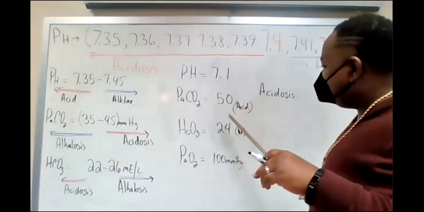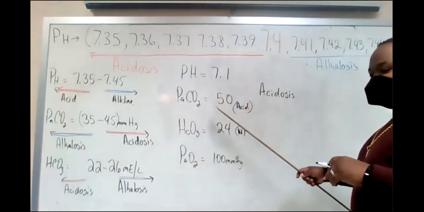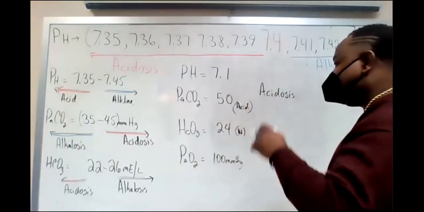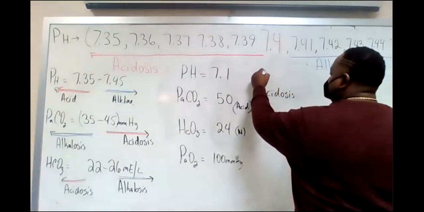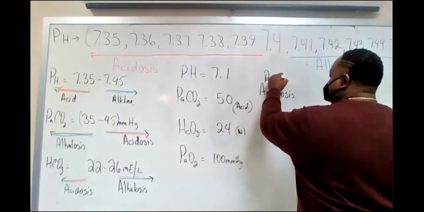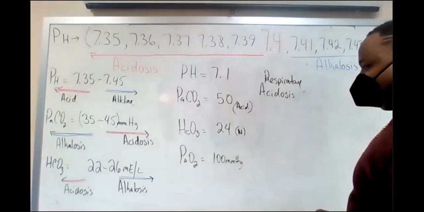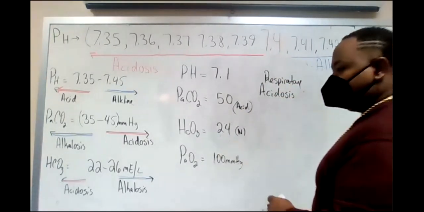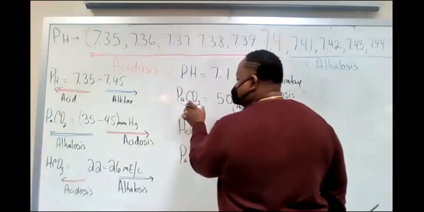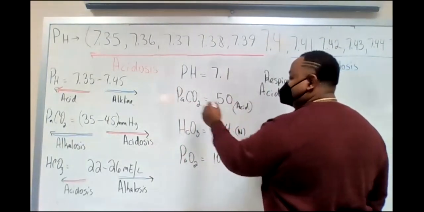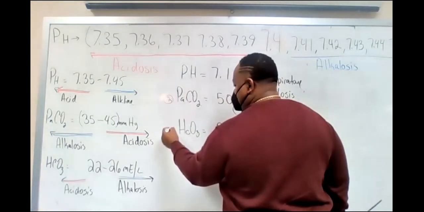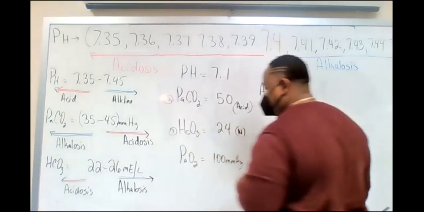So if CO2 is causing the problem, then it's a respiratory issue. So respiratory acidosis. Now let's look at the third player. Since CO2 is causing the problem, it is the second player, and bicarb will be the third player.